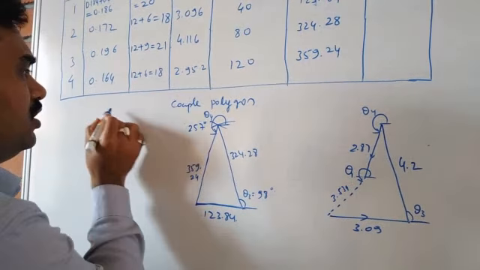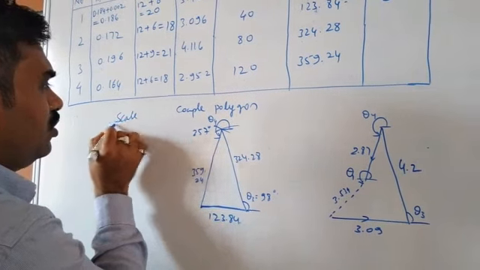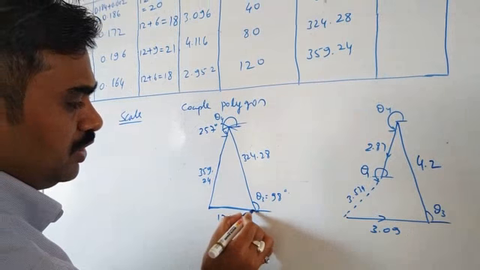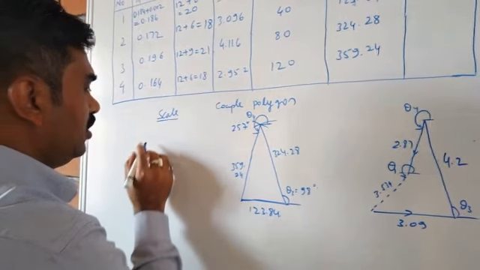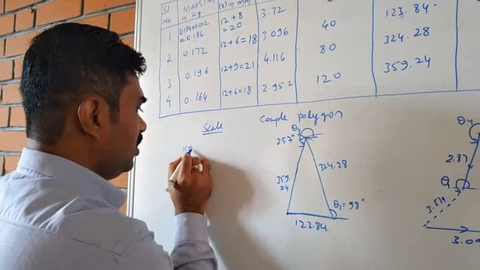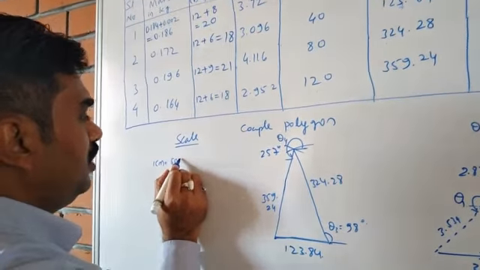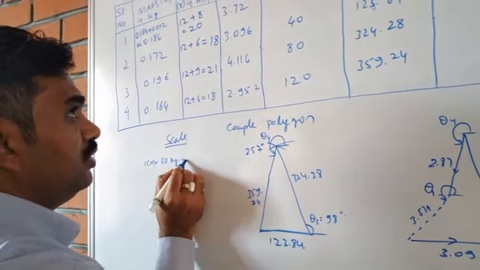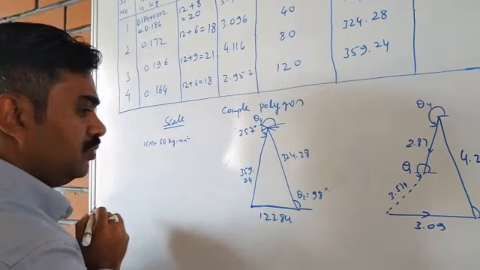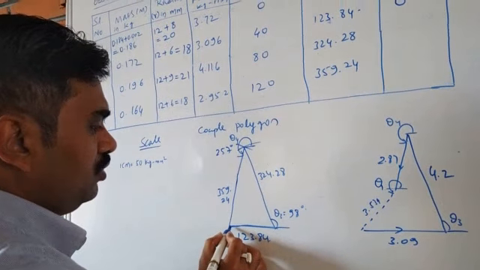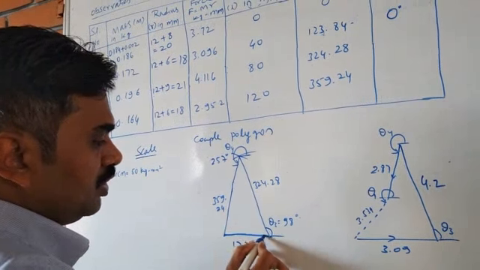You have to select a suitable scale to draw this couple polygon. You can take 1 centimeter equal to 50 kg mm square. Based on that you can draw this couple polygon. So this is 123.84.